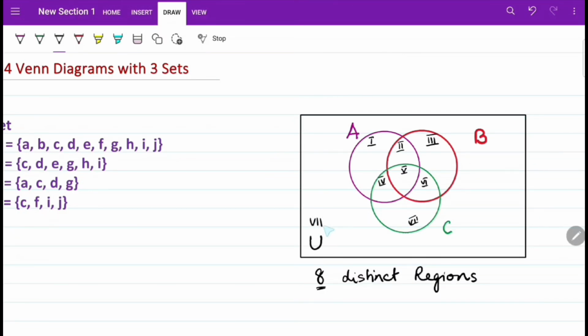That's region 8. So region 8 will hold elements which do not belong to any of the sets A, B or C.